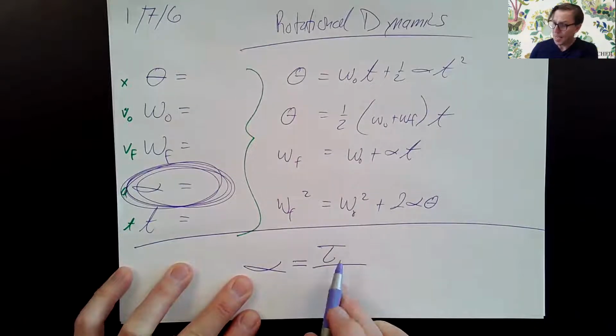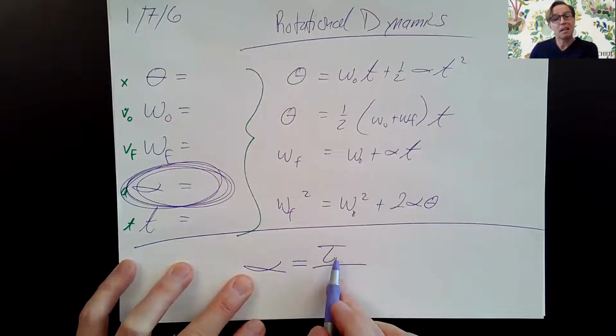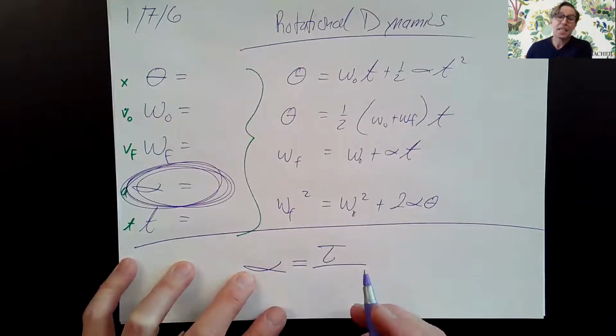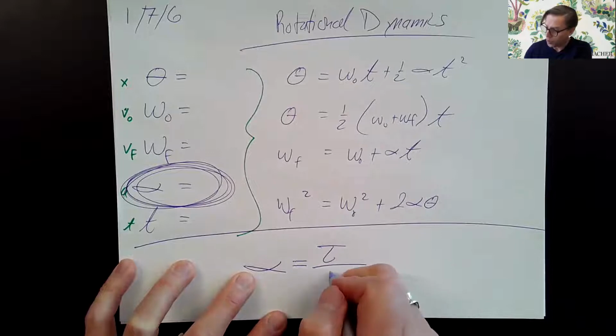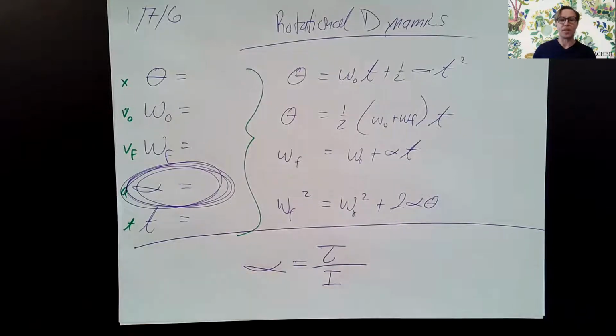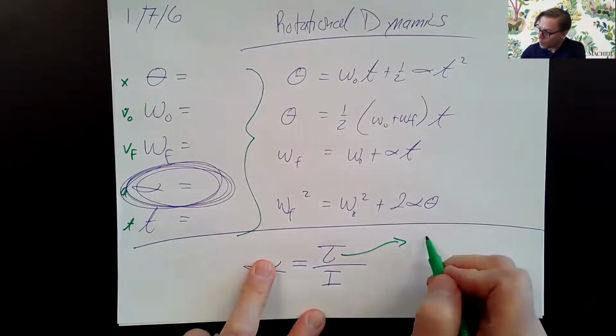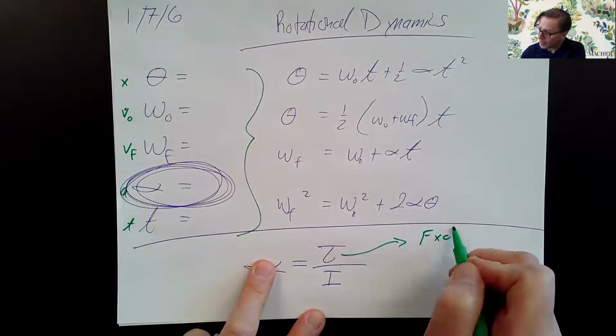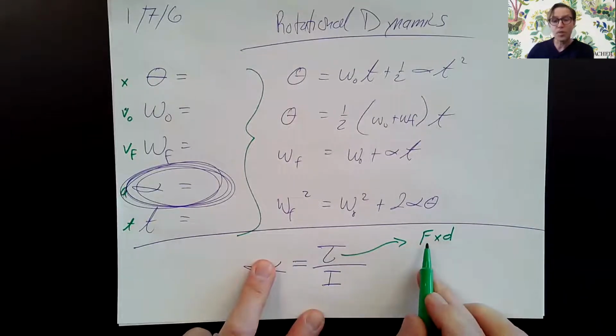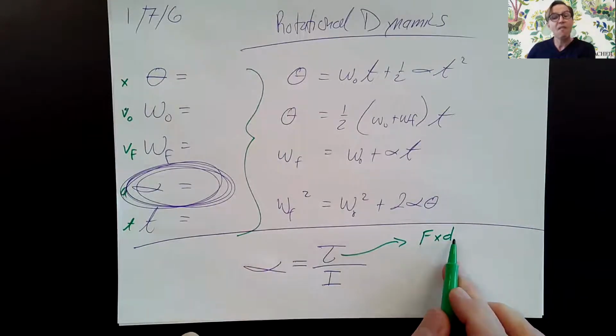And given a certain amount of torque, the angular acceleration is inversely proportional to an object's moment of inertia. Then we defined these 2 things. We said torque was the product of force and distance: how hard you push times how far the force is applied from the pivot point.